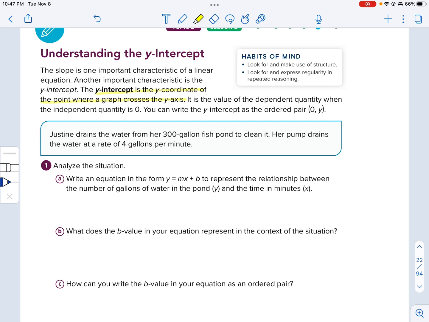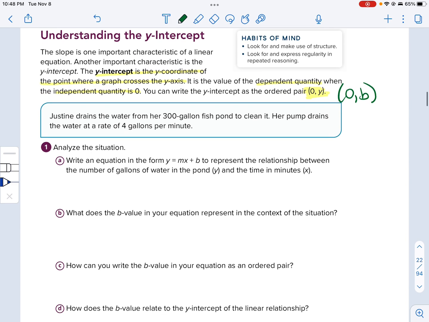It is the value of the dependent quantity when the independent quantity is 0. It looks like this. Now, a lot of times people, oh, goodness gracious, really? I like to say it's like this, but 0y is correct.